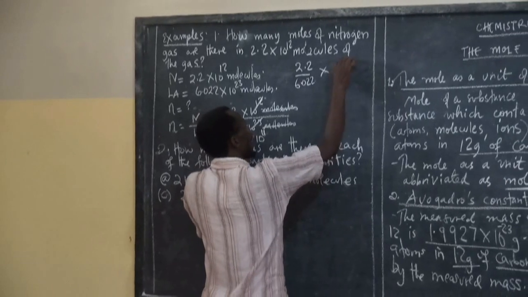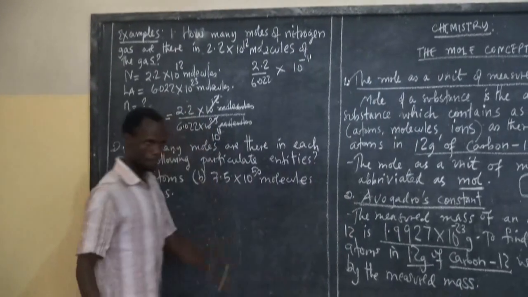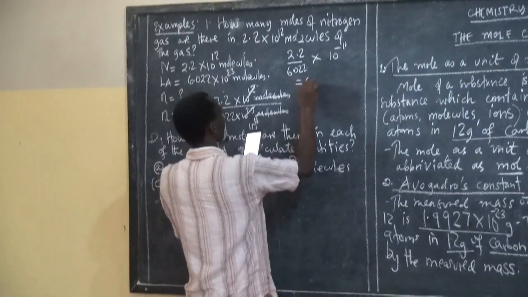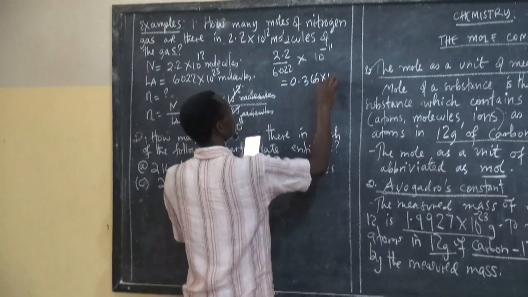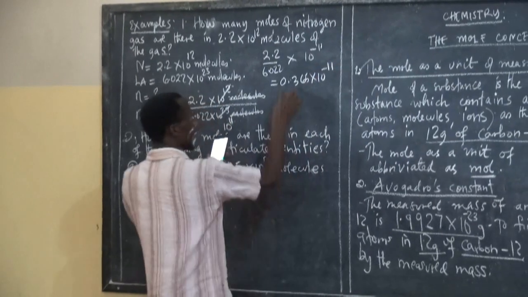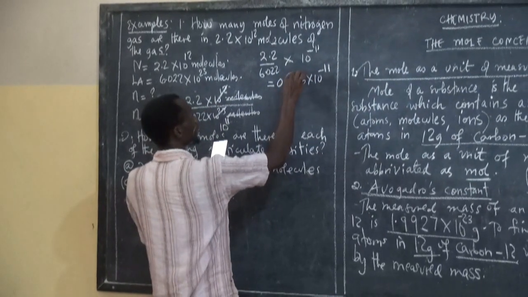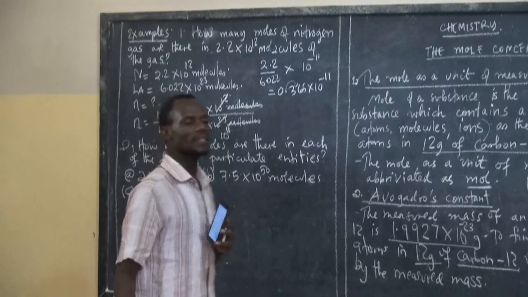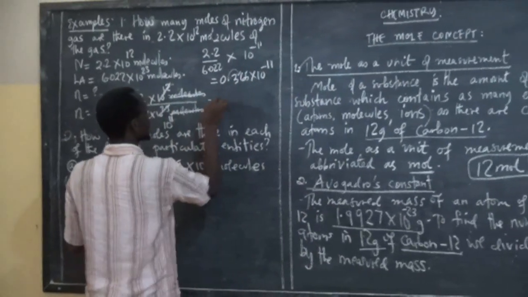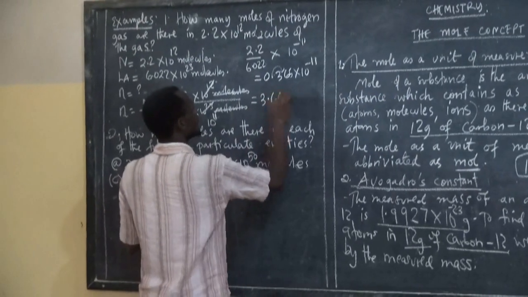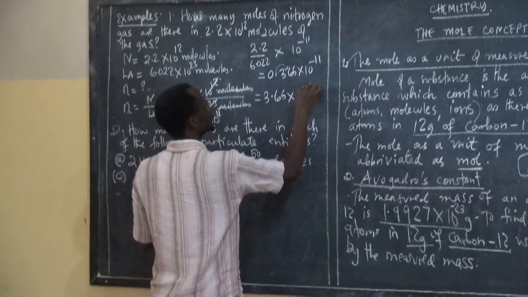That becomes 10 power negative 11. Then after dividing, we get 0.365 times 10 power negative 11. But mathematically, this is written like in the standard form. Is it so? Yes. Then we have it is equal to 3.65 times 10 power negative 12.